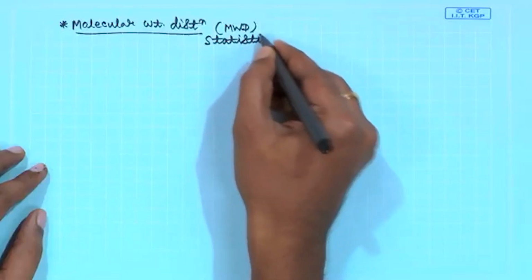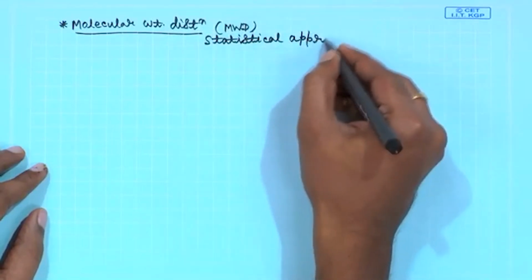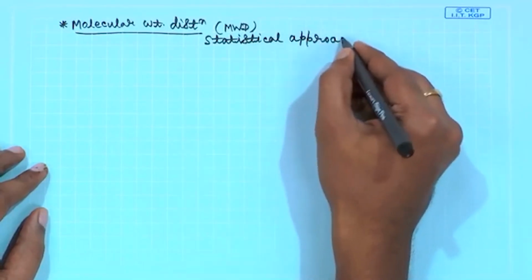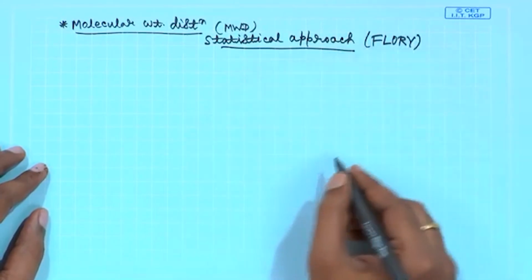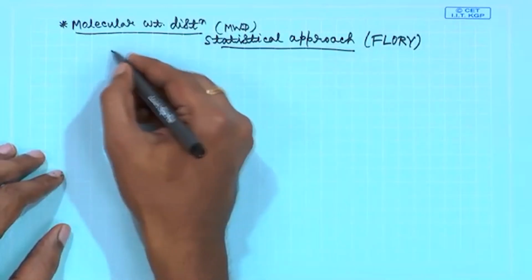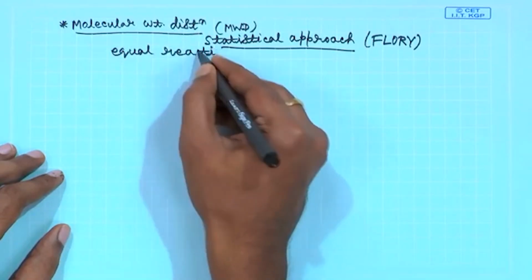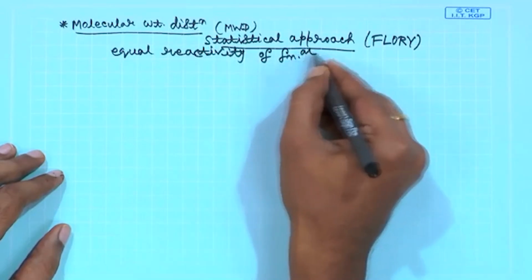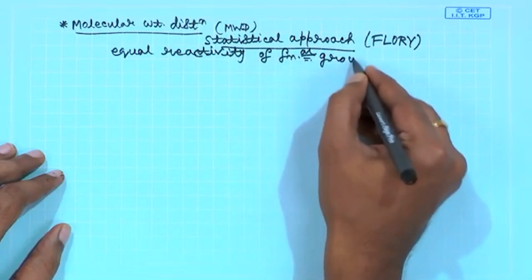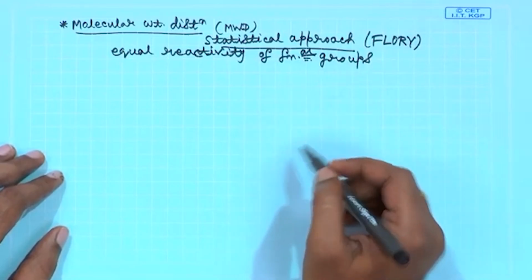For that we are going to use a statistical approach, Flory's statistical approach, and of course, this is going to assume equal reactivity of functional groups. The same assumption that we had made when we analyzed the kinetics of these reactions.